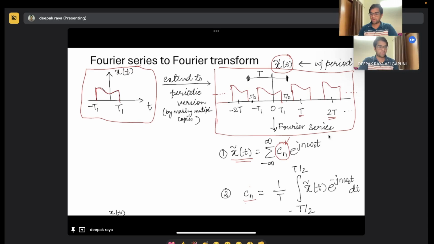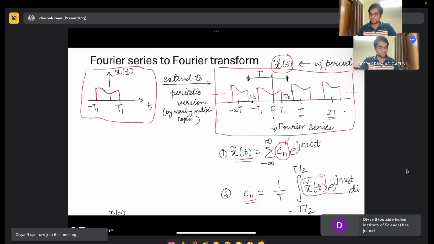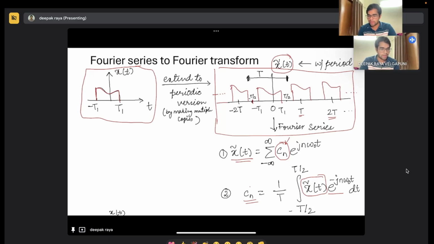It's 1 by T times the integral of x tilde of t, the periodic signal, multiplied with the negative complex exponential, integrated over the time period from minus T by 2 to T by 2, where T is the whole length of the period.